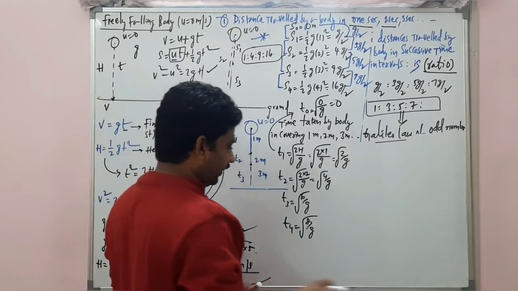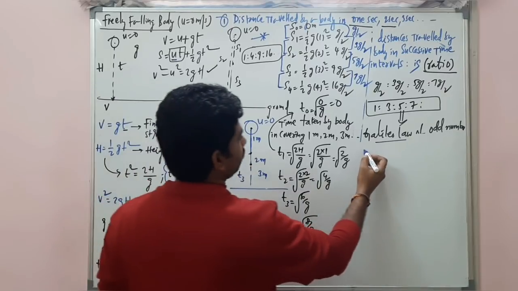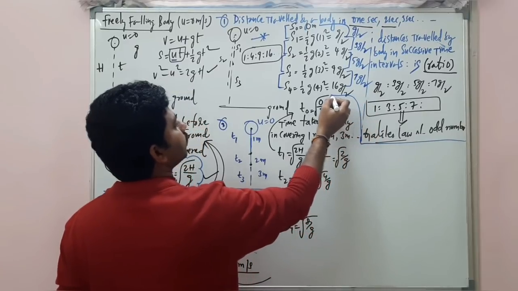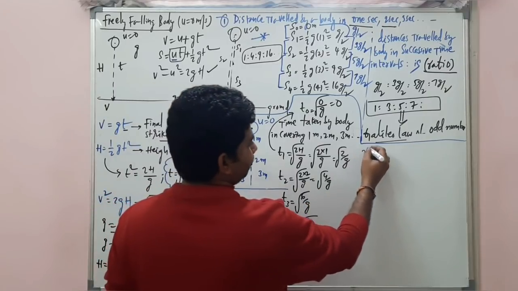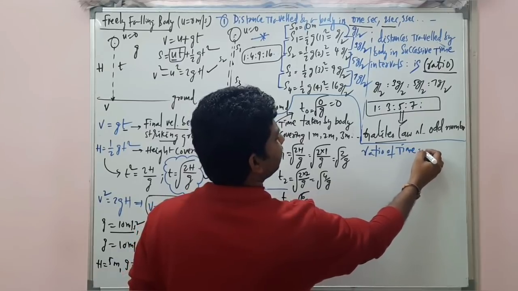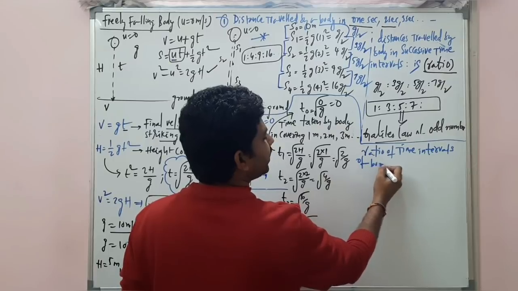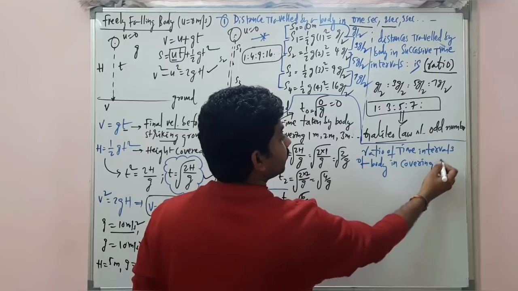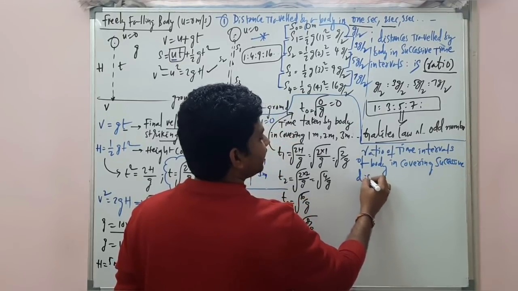What we are going to find here is the ratio. Galileo's ratio of odd numbers is done, and this is also done. Now, the ratio of time intervals of a body in covering successive distances.